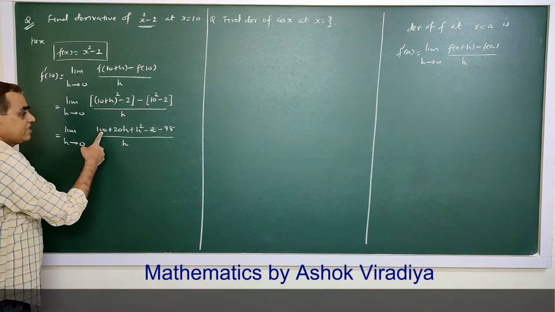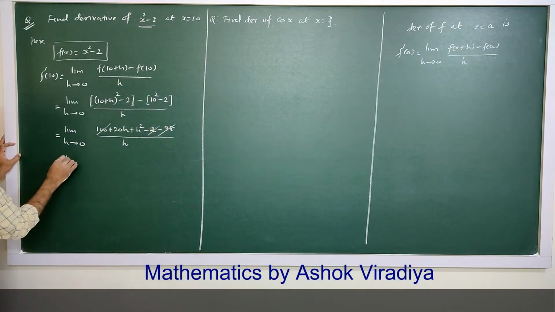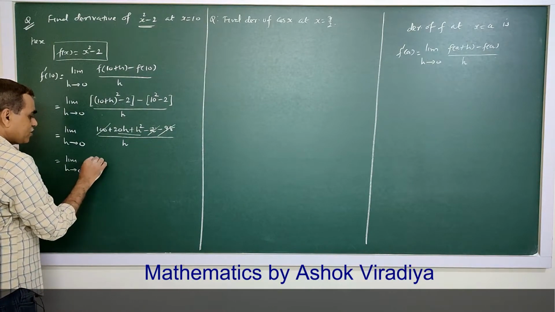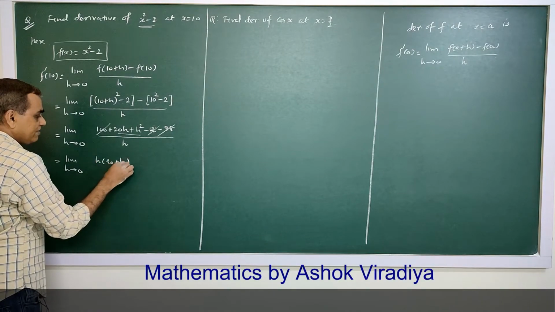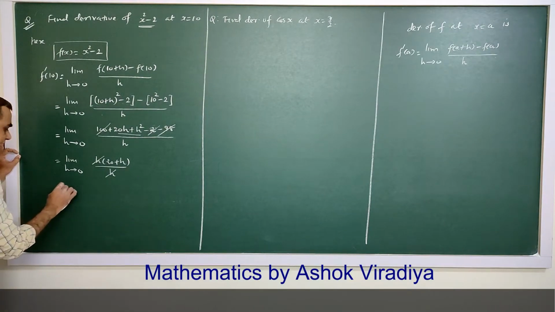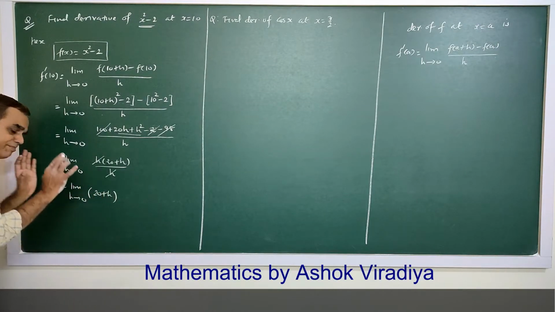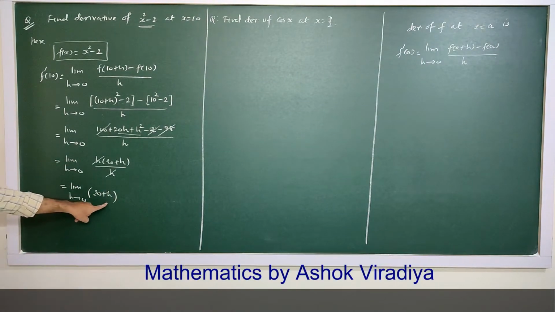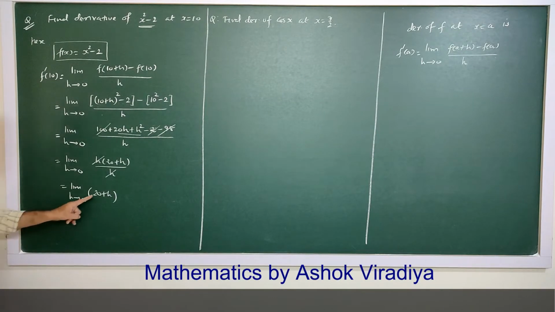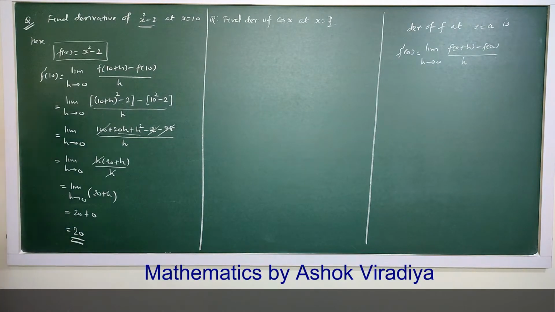Here 100 and this is minus 100, so this is cancelled. So limit h tends to 0. Now in these remaining numbers h is common, so 20 plus h upon h. This h is cancelled. So limit h tends to 0, 20 plus h. Now this is the simplest form, free from denominator. Now put h equal to 0. So value is 20. So derivative of f at 10 is 20.